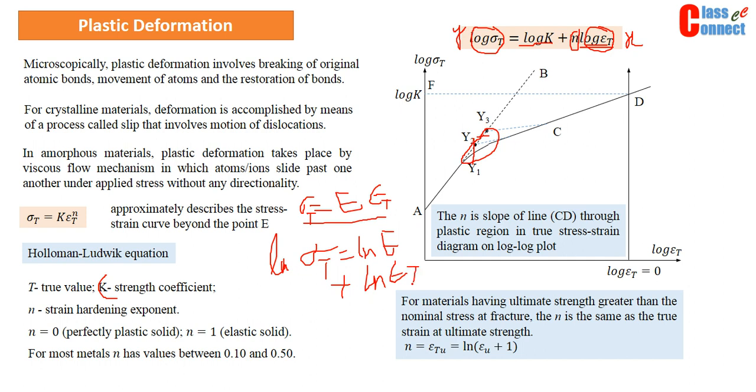It means that the slope of this particular line is the coefficient of log epsilon t, and the coefficient of log epsilon t is 1. It means that the slope of the true stress strain curve on a log graph will always be 45 degrees, which is this particular angle.